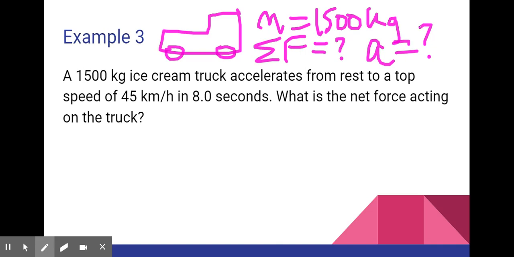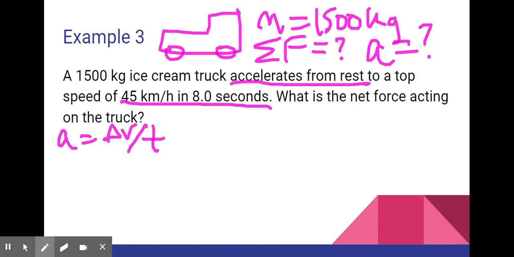But we can find it. So this truck is accelerating from rest to a top speed of 45 kilometers per hour in 8 seconds. So we have everything that we need to find acceleration. Remember, acceleration is our change in velocity over time. We have time, and we have a change in velocity, but we do need to convert 45 kilometers per hour to meters per second.